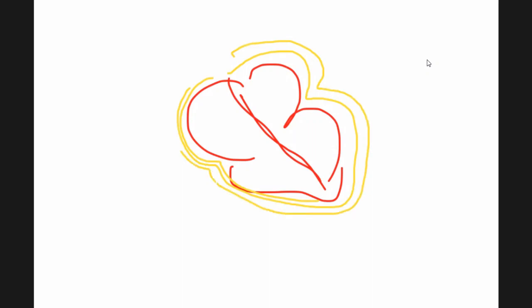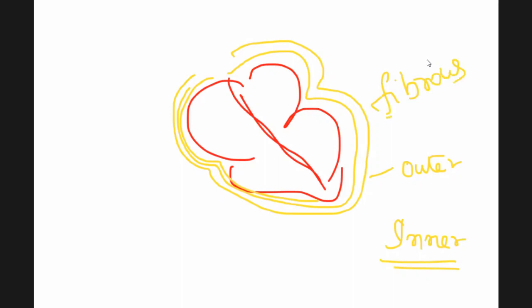For your understanding, I am drawing a gap. This is the covering. In this heart covering called pericardium, there are two parts: outer pericardium and inner pericardium. The outer one is with collagen fibers. It is fibrous.